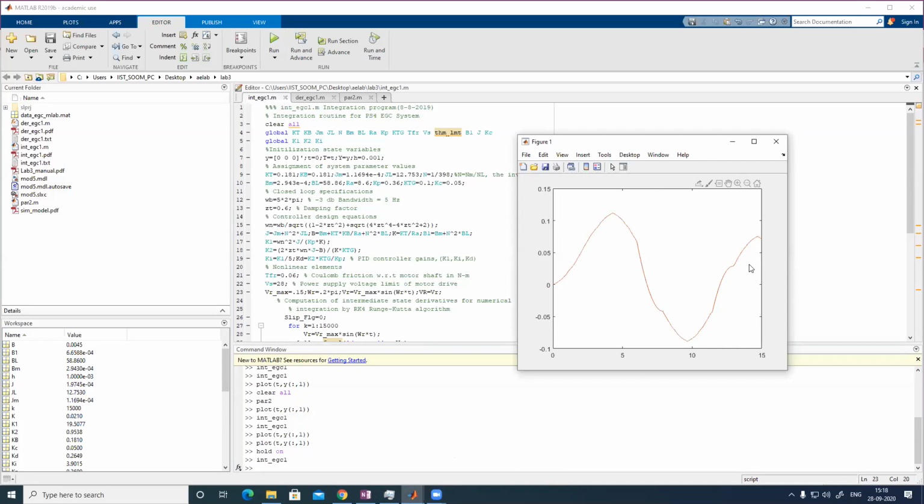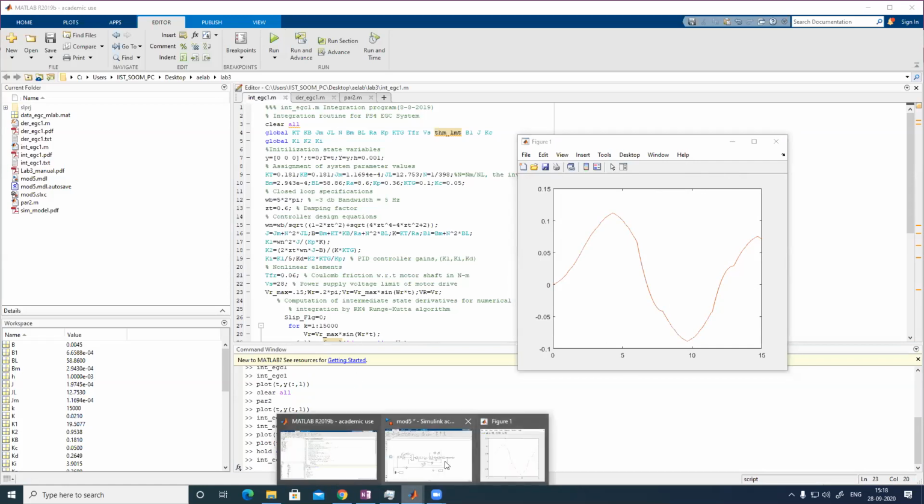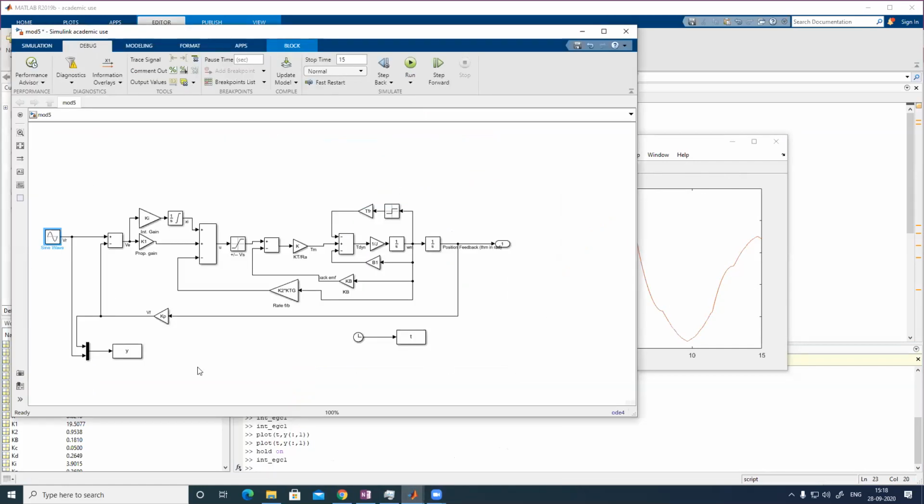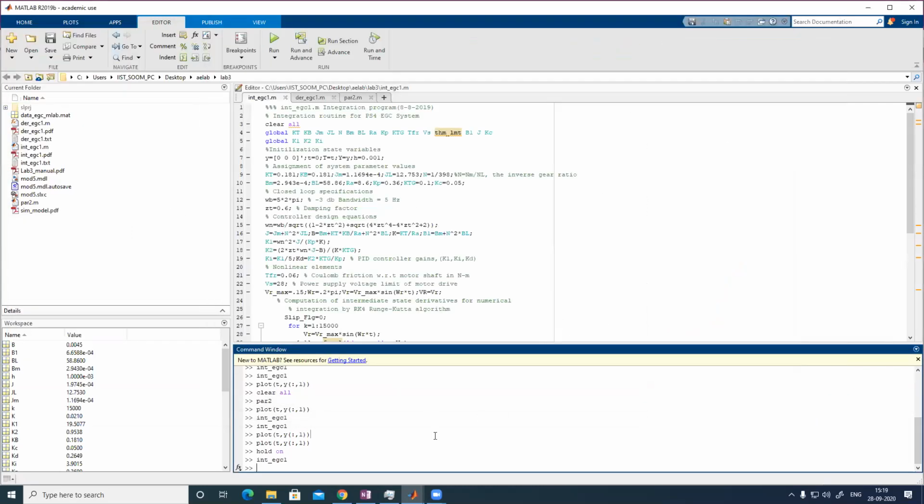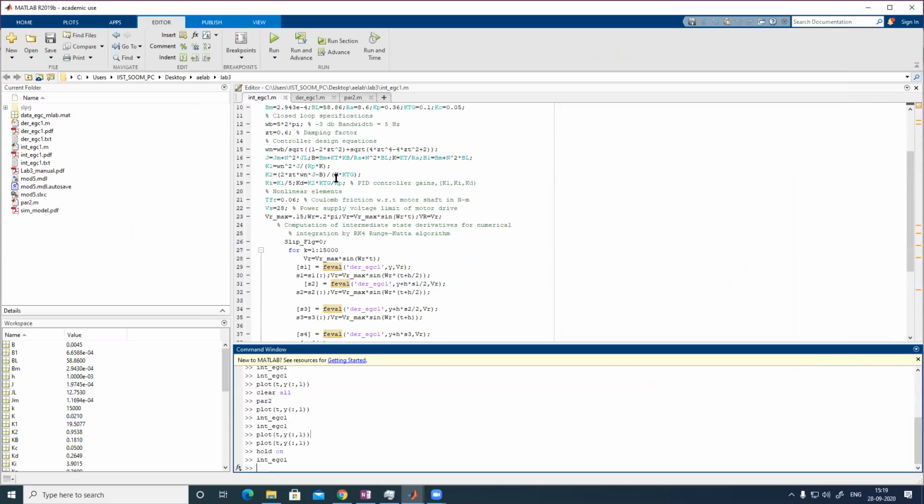With this you can show that these two files, the MATLAB simulation and Simulink simulation, are equivalent. So you can do it. First you have to modify this Simulink model and you have to run this code.